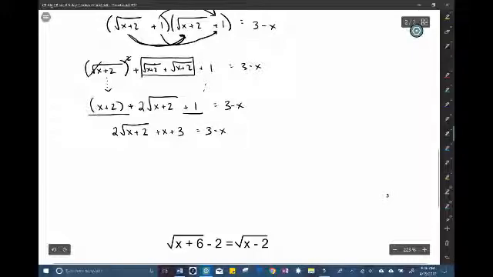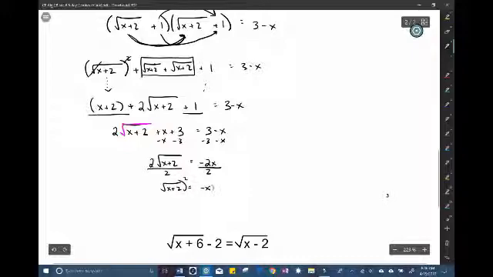Now let's work to get the radical by itself. So let's subtract x, subtract 3. Okay, that will give us negative 2x is equal to 2 square roots x plus 2. Whew. Divide each side by 2. So negative x is equal to the square root of x plus 2.